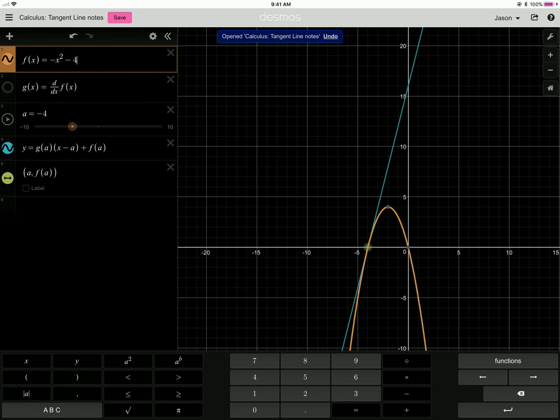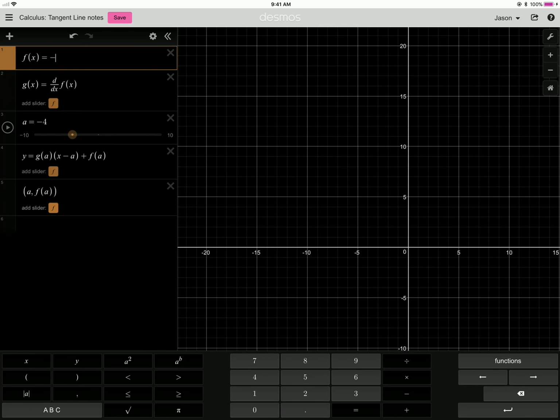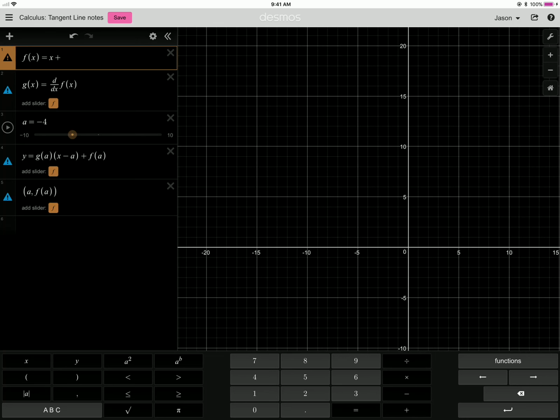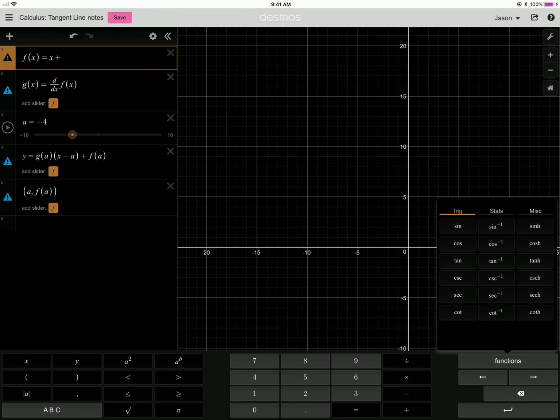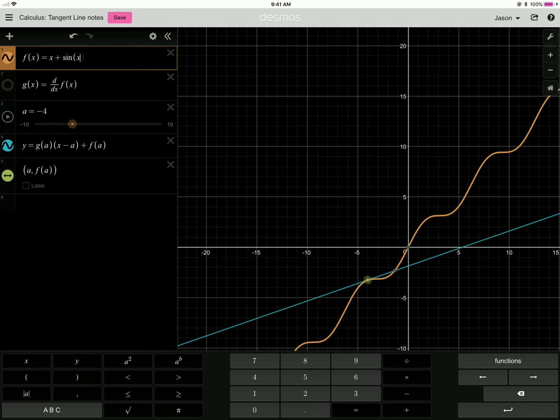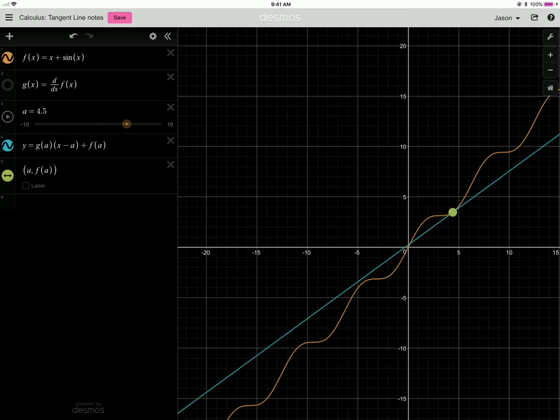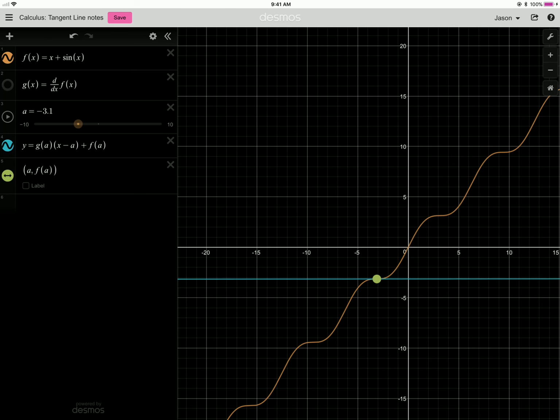So I'm going to put in our new function, theta plus sine theta, so x plus sine of x. Look at this graph. You can see that the graph is always increasing, but at these little spots here, the tangent line gets horizontal.